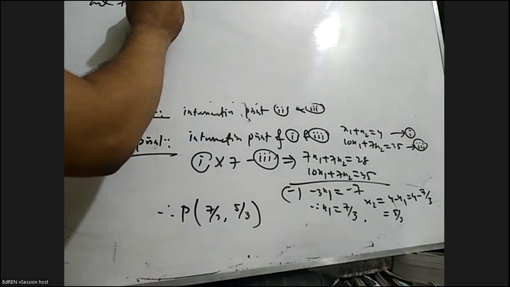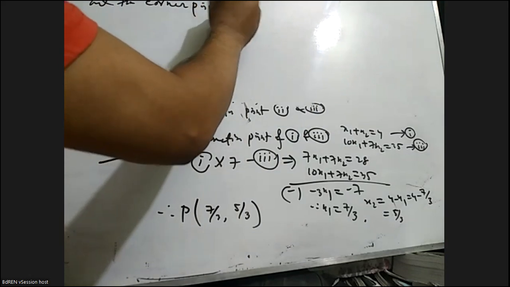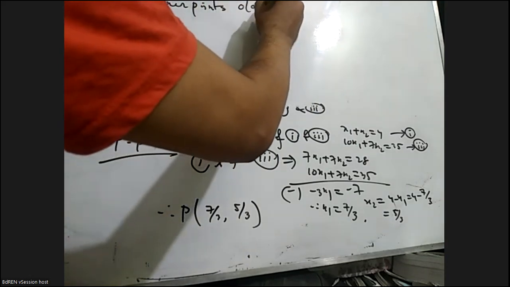The vertices or corner points, what will be? 0, 0.